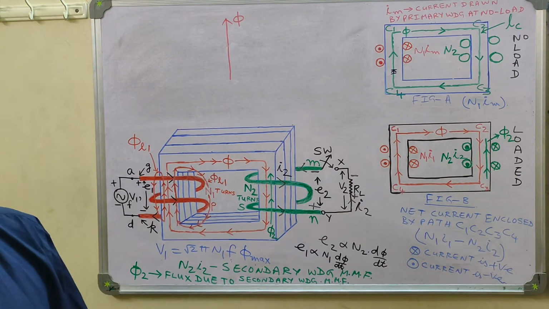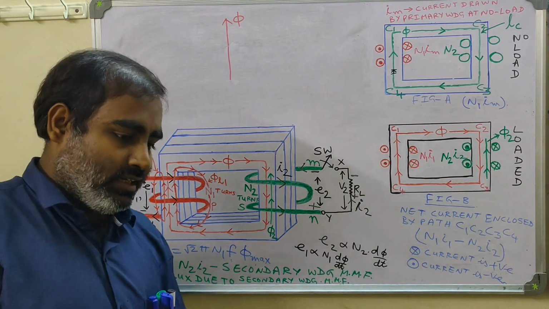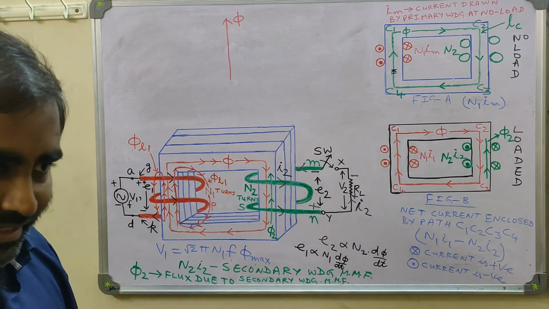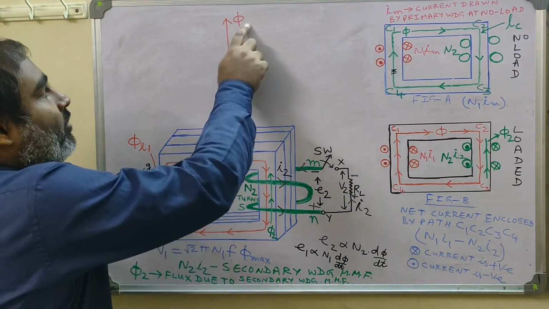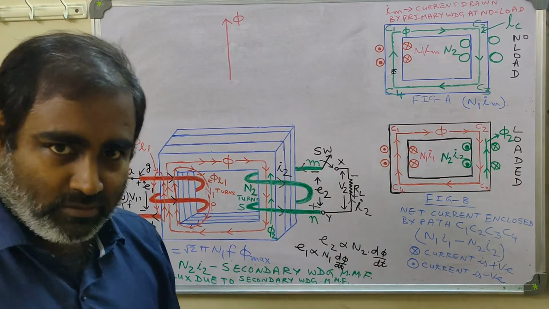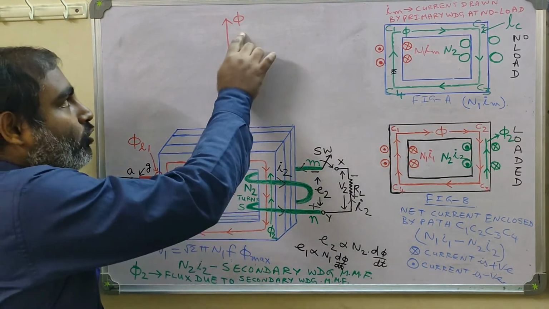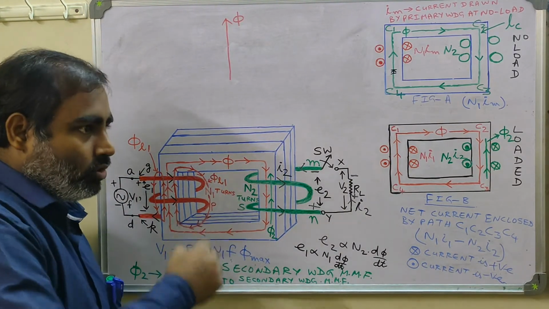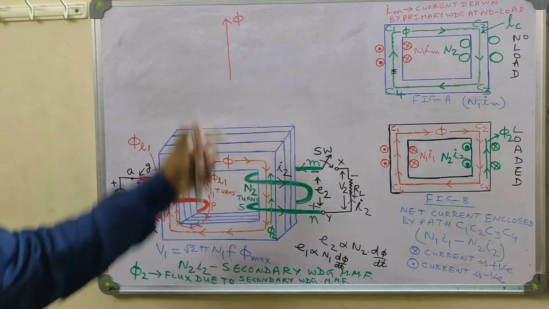Let us take another view: if the magnetizing current is maximum, that is peak, then the mutual flux phi will also be maximum. If the magnetizing current is negative maximum, then the mutual flux phi will also be negative maximum. If the magnetizing current is zero, then the flux is also zero.